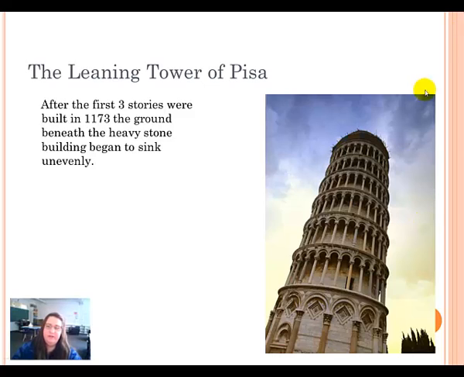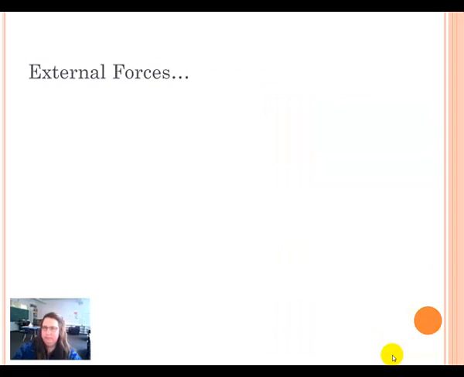And over the centuries, it has sunk more and more. So the dead load is causing the tower to tilt. What engineers have done in modern times is they've tried to shore up this side so that it doesn't tilt any further.